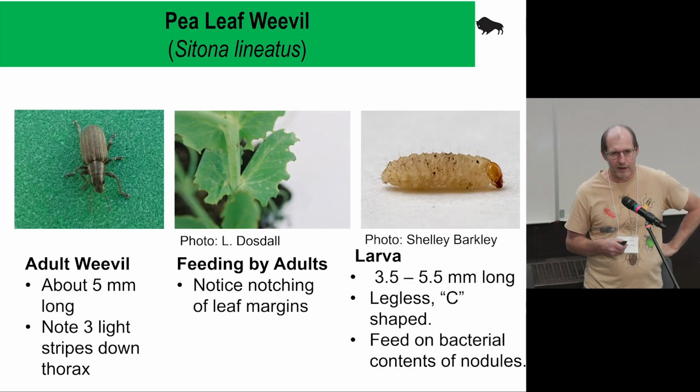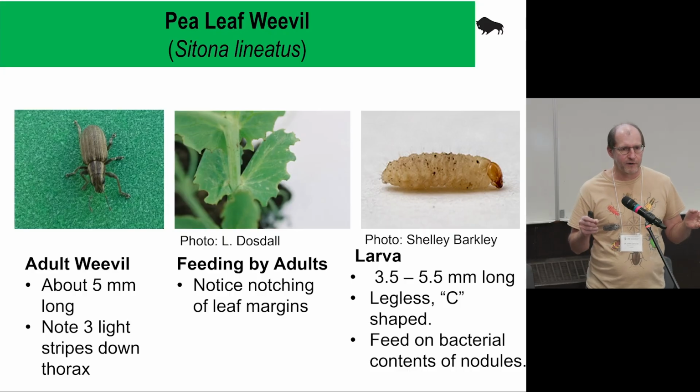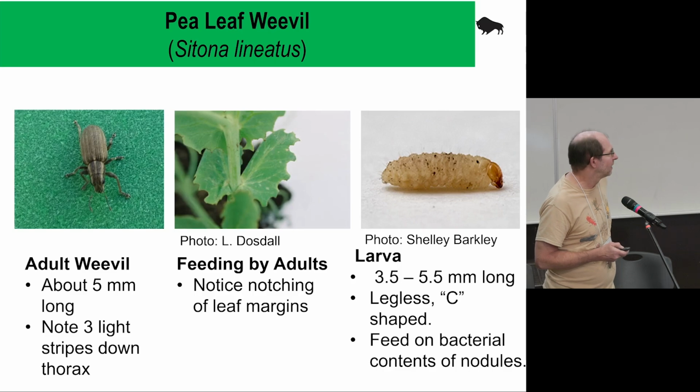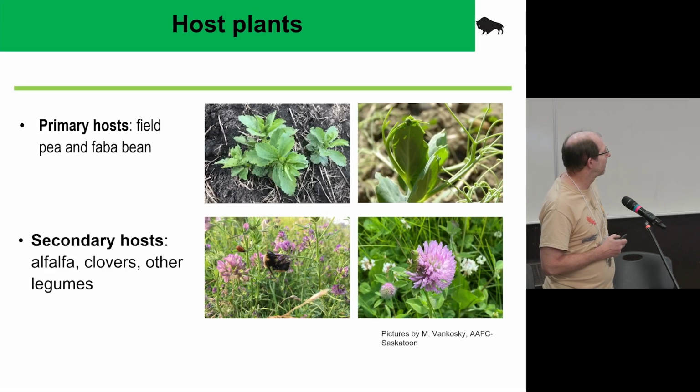They're feeding on the rhizobium that's living in the nodules on your pea roots. Rhizobium are what fix your atmospheric nitrogen, so you need rhizobium to have proper fertility rates. If you have too many pea leaf weevils eating that rhizobium, you get less nitrogen fixation. That can be a problem. That's why they're such a big problem: it's mainly the rhizobium feeding by the larva.